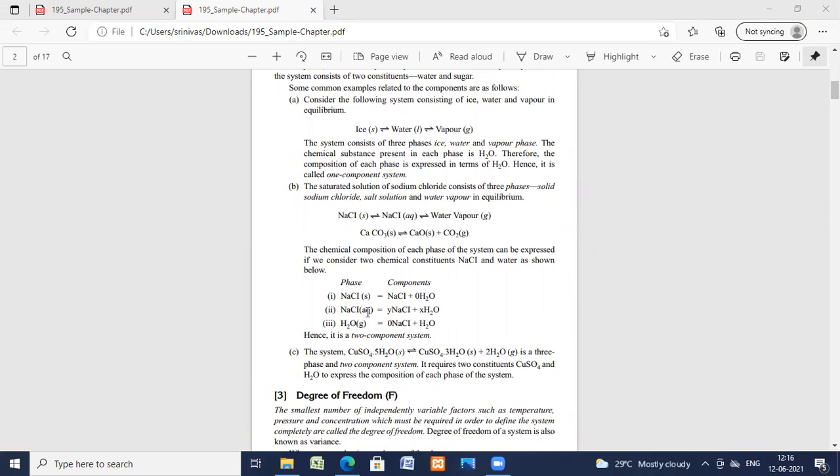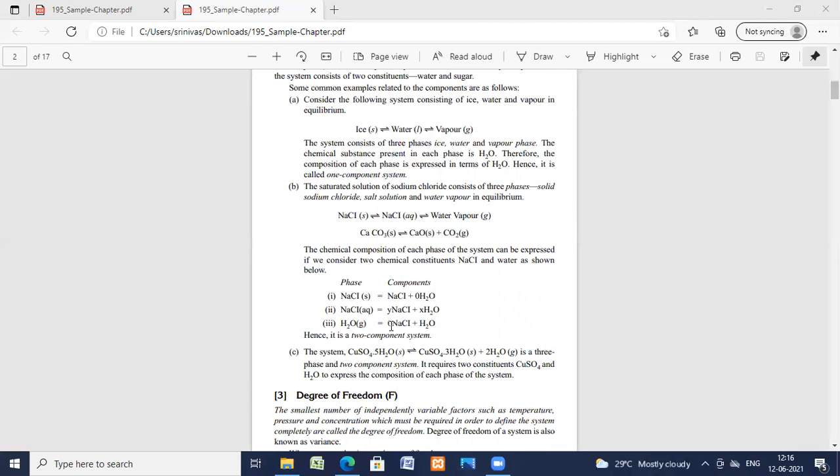NaCl aqueous, NaCl plus H2O. The components are two. The phase is 1. So NaCl solution, NaCl plus H2O. NaCl aqueous solution also, NaCl plus H2O.